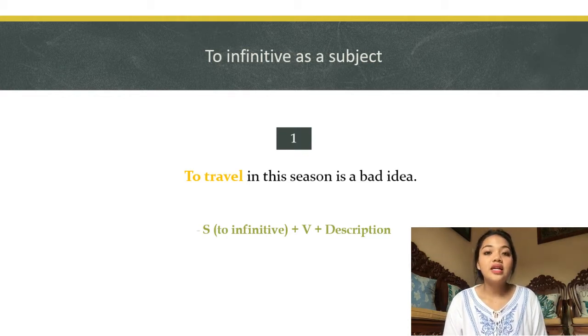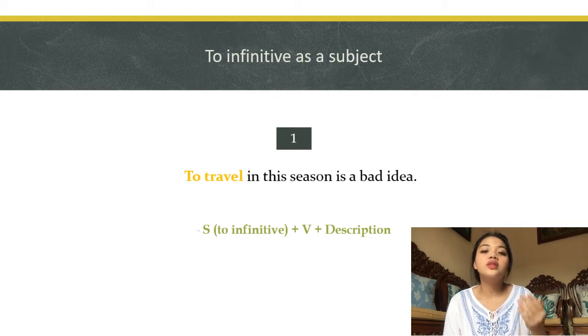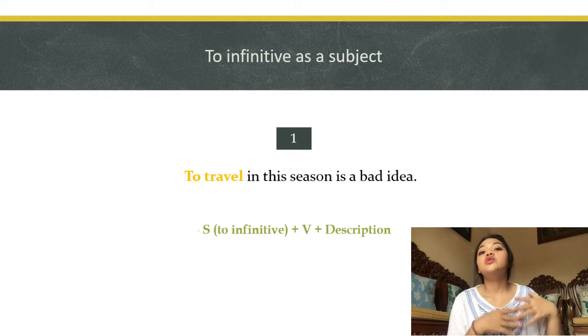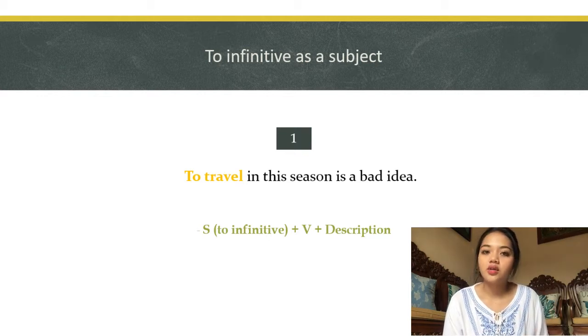Can you guess where the infinitive is? Of course, to travel. To travel is an infinitive. It doesn't work as a verb. It works as a subject in a sentence. It is working as a noun, as a subject in a sentence.